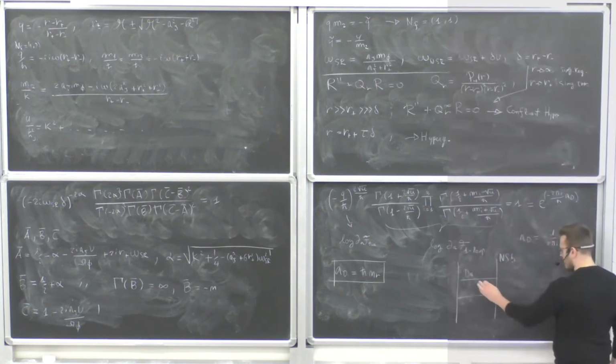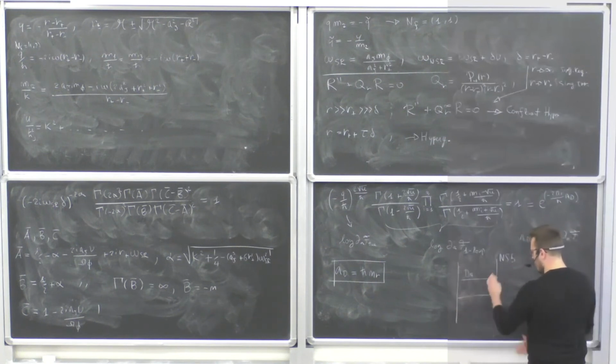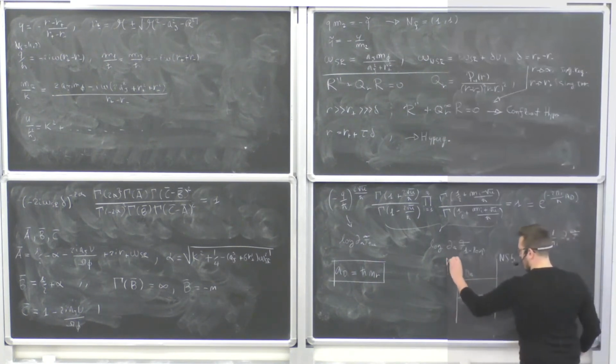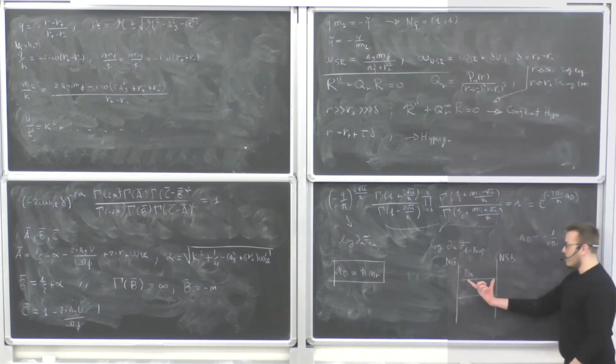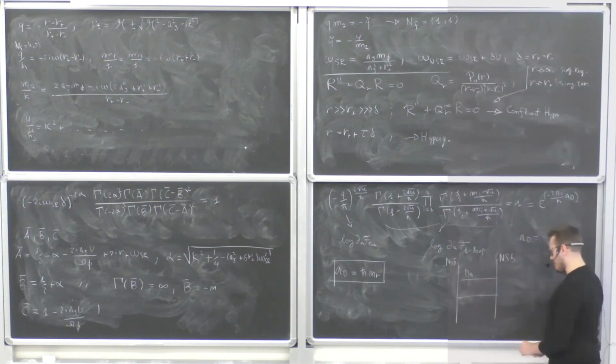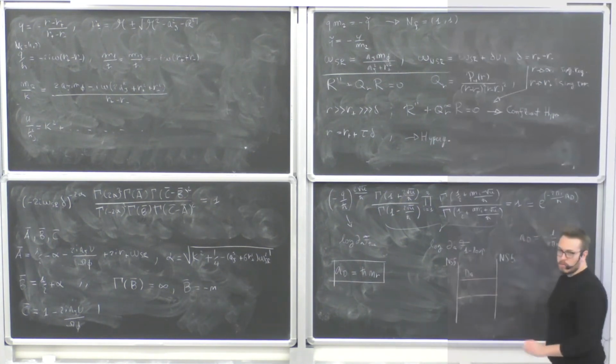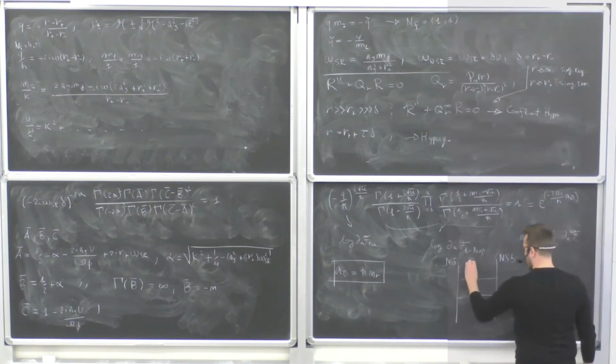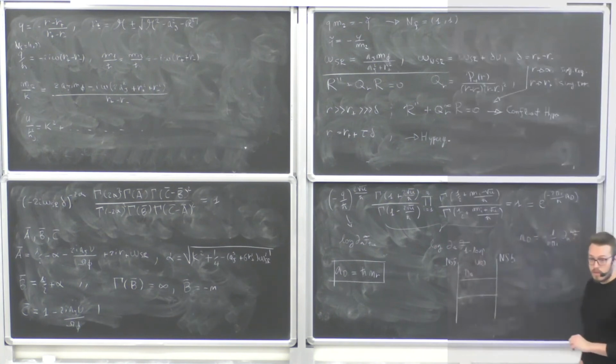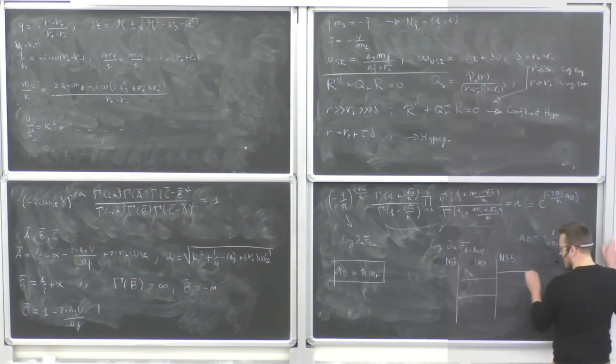What happens is that positioning these two NS5 branes will effectively compactify one of the dimensions. And this will give you a four-dimensional field theory, which in this case would be the U(2) or SU(2) gauge theory we were discussing before. And also you can add D4 flavor branes.